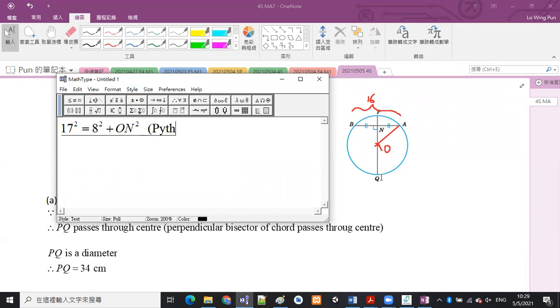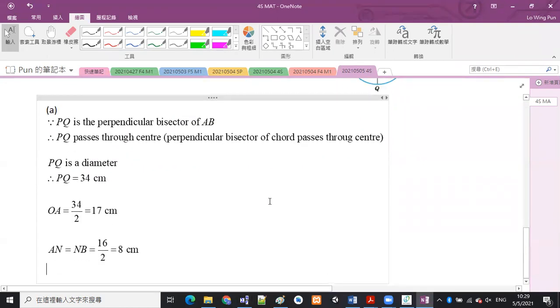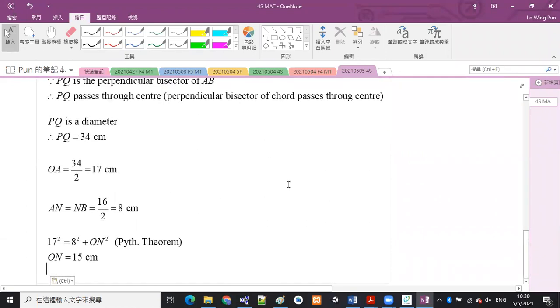This is Pythagoras theorem. Okay, and then ON should be equal to 15 cm. Therefore, the required distance is 15 cm. And that is the answer of part A.